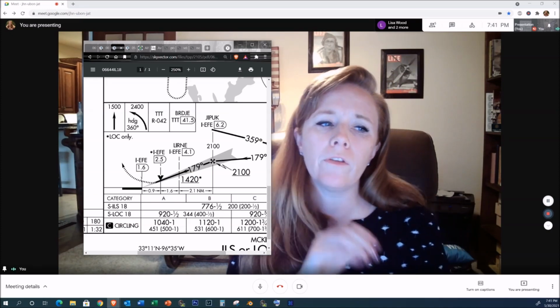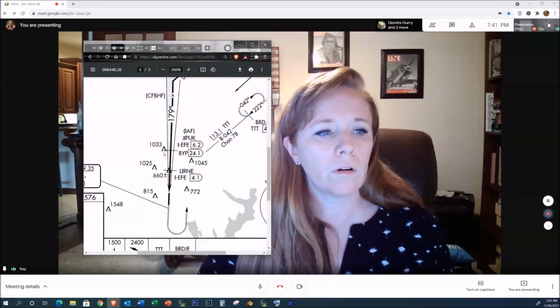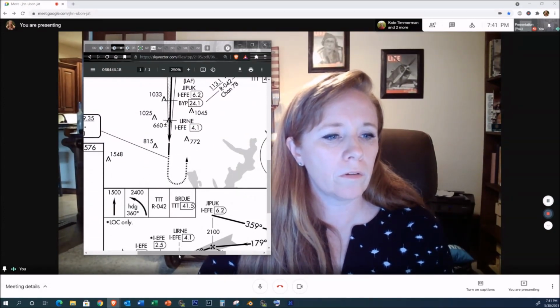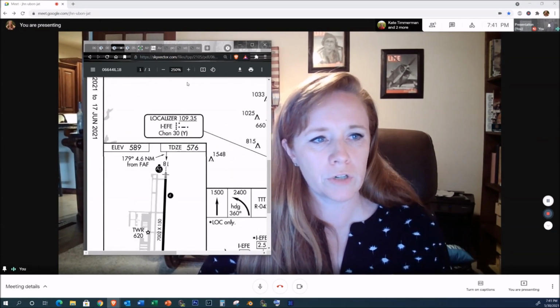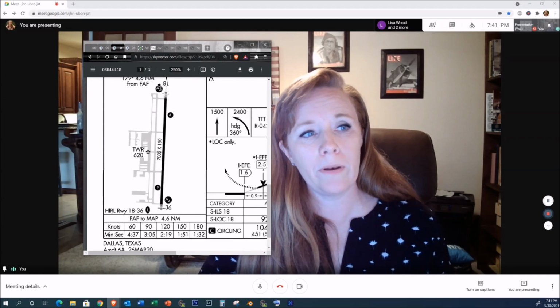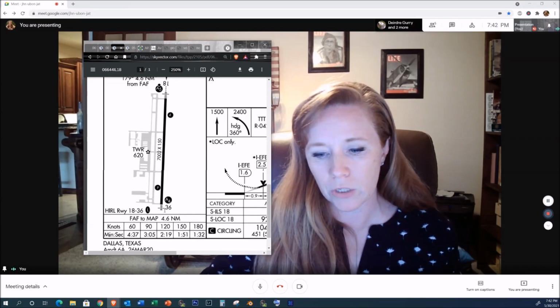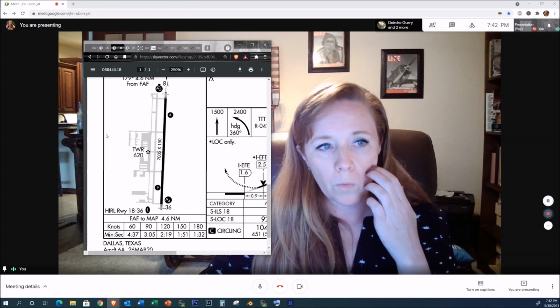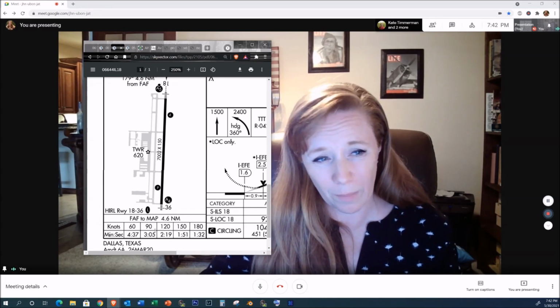No, I know, but the reason that you're doing a circling approach, like on this one, if I'm doing the circle, it's because this is a precision approach to runway 18, but the winds are significantly tailwind, so I would need to circle all the way around to runway 36. It would be the only reason I'm on that circling approach. So I wouldn't have a VDP because now you're essentially in a pattern.